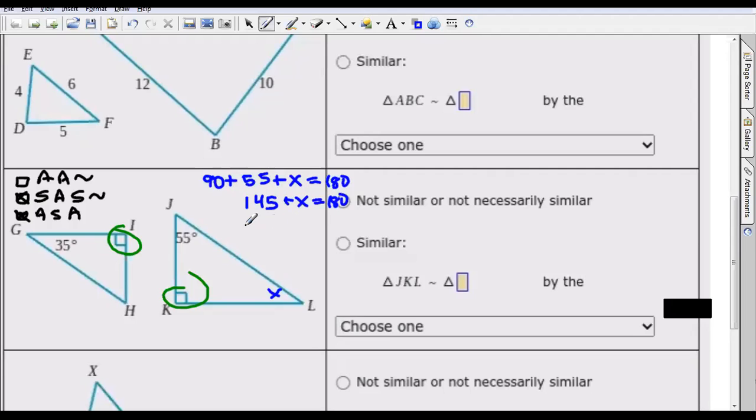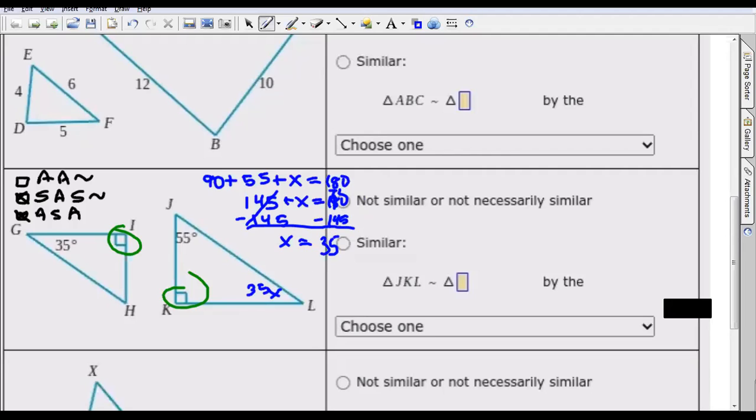Now get the x by itself, minus 145, minus 145. These are opposites, they cancel, so x is equal to 0 minus 5, you can't do it, you need to borrow. So that'll be a 7 and this will be a 10. 10 minus 5 is 5, 7 minus 4 is 3, and 1 minus 1 is 0. So this is 35.